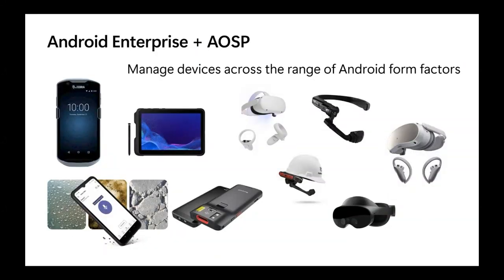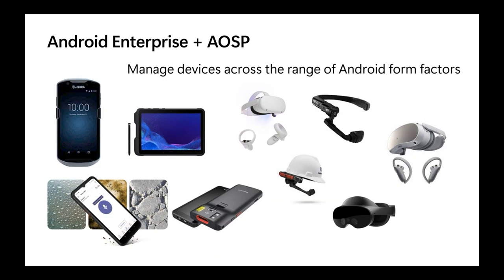In addition to Android Enterprise, which is a kind of Google-based management offering, Intune also offers management for Android open source project-based devices, which do not go through Android Enterprise management. So what this means essentially is that you get support for a really wide range of form factors on devices for different types of frontline uses.